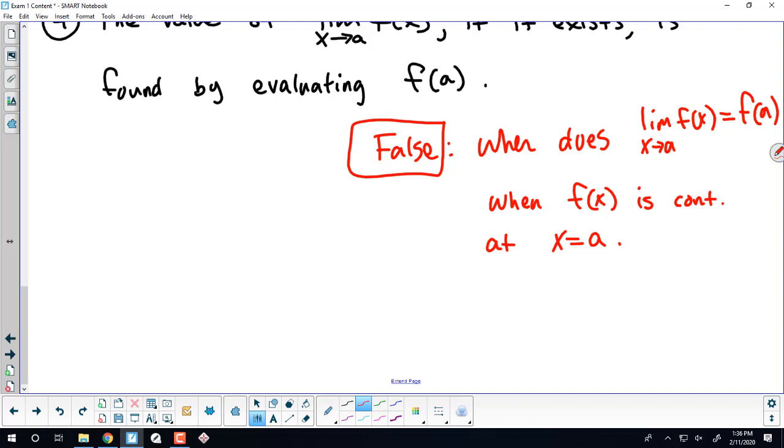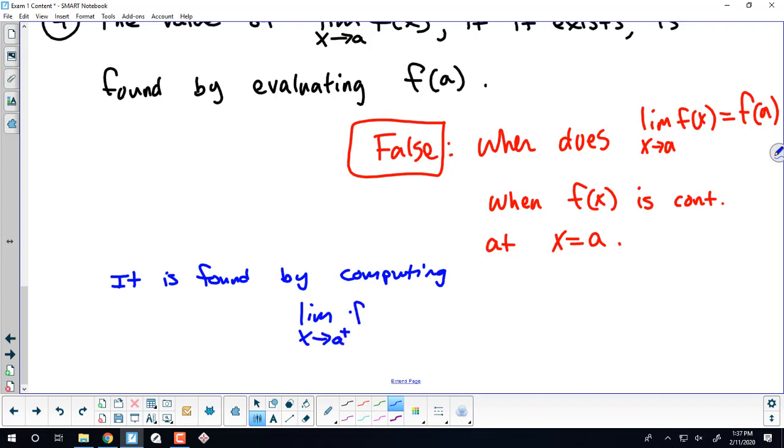I was going to say, can you also just say it's found by computing the limit as you're coming from both directions, positive and negative? Can you put it that way? It's found by computing the limit from the left and the right, yeah.